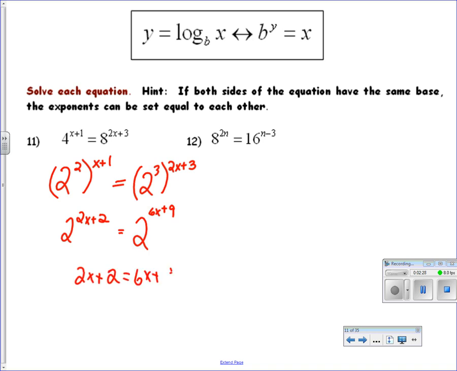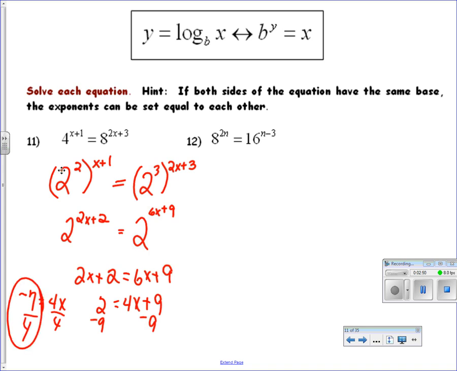So since they have the same base, I just set the exponents equal. And then we're back to normal with basic algebraic solving. So I'm going to subtract 2x both sides, and then subtract 9. So I'd have negative 7 equals 4x, divide by 4, negative 7/4.